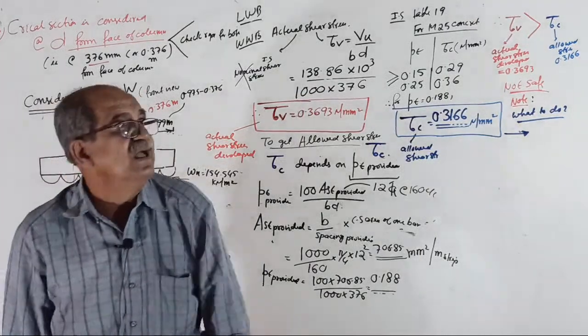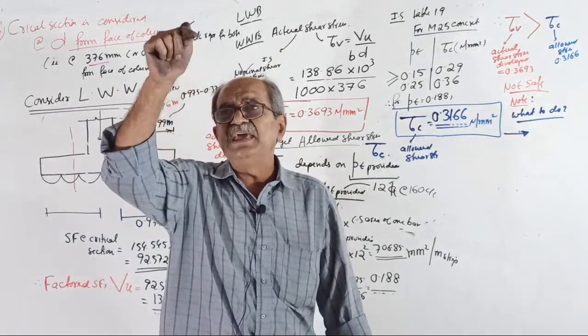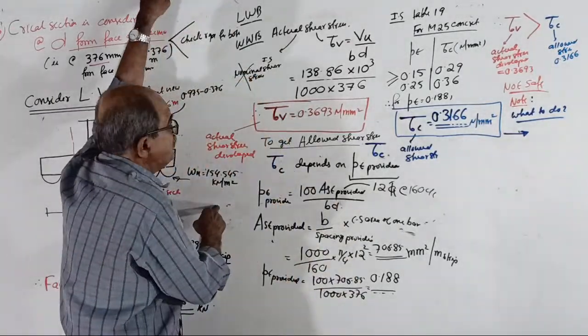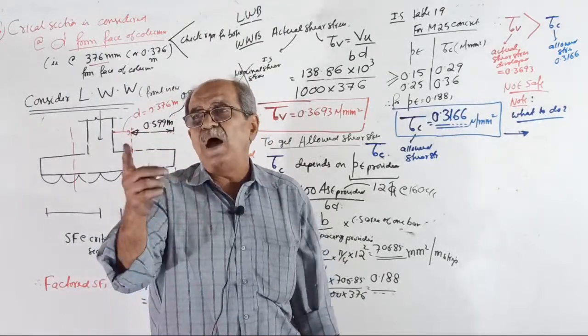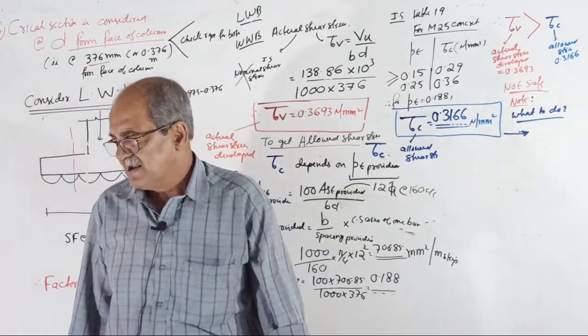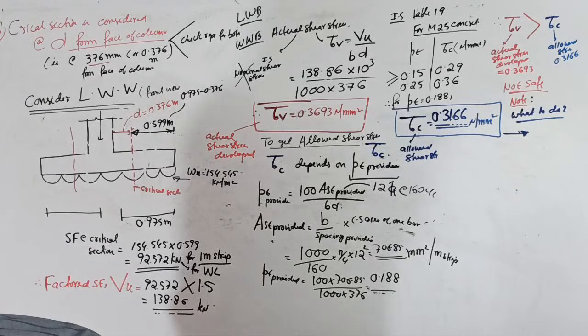Clear. And if you increase the depth, next, the AST requirement: when you substitute in the mu equal to 0.87 equation, AST required will come slightly lesser.